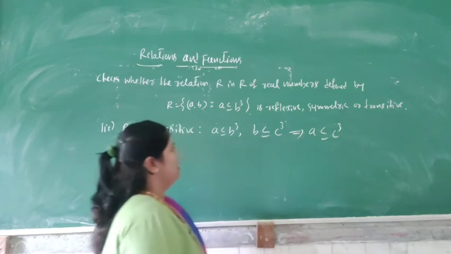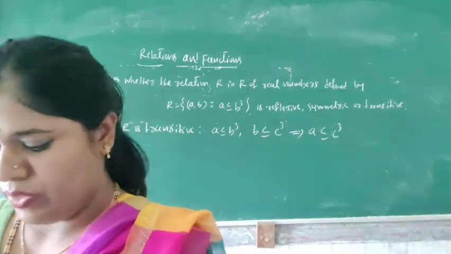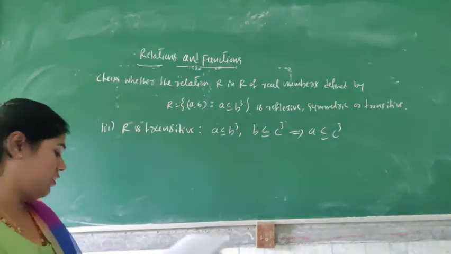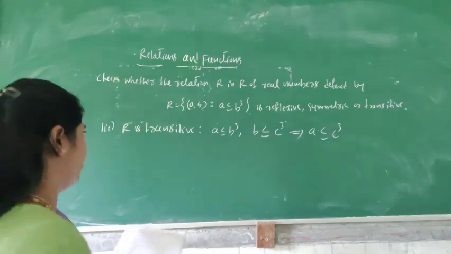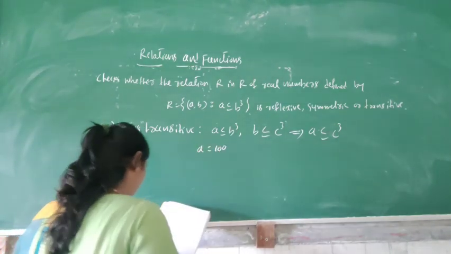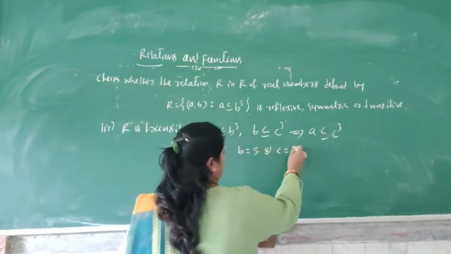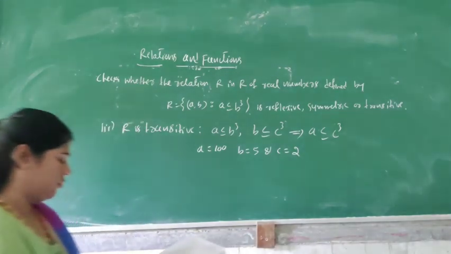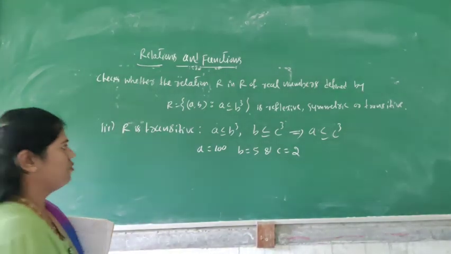This is the transitive condition. We consider A equals 100, B equals 5 and C equals 2.